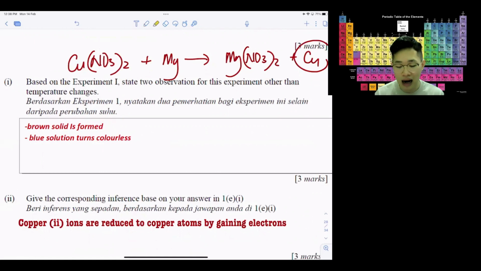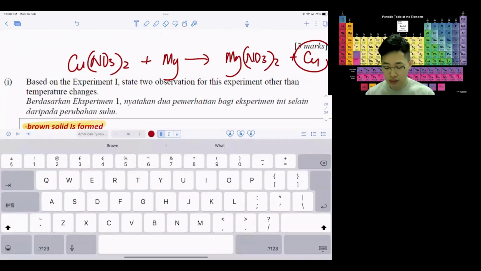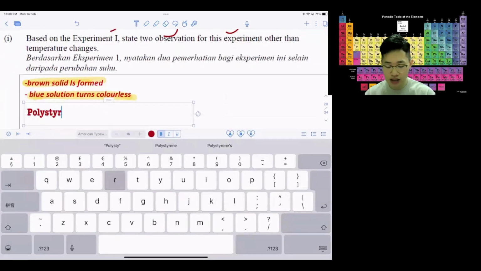You will see a brown solid form. The blue solution turns colorless. Or there is another observation, which is the polystyrene cup becomes hot or warm.